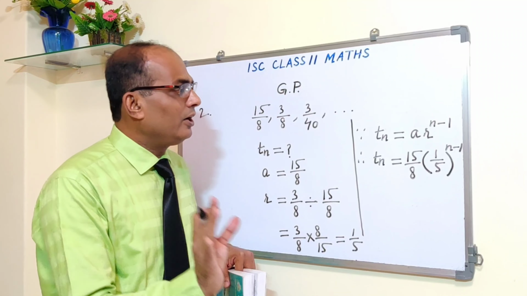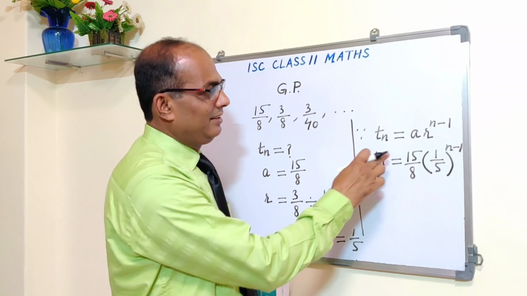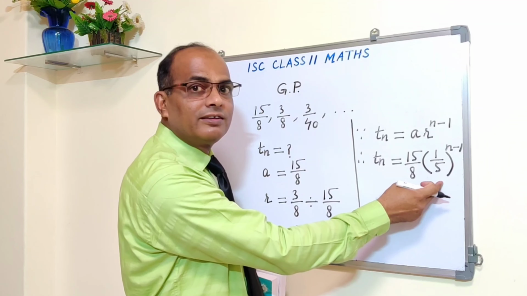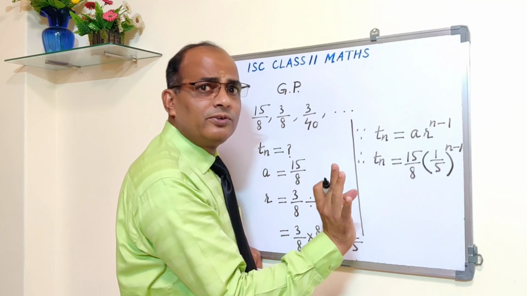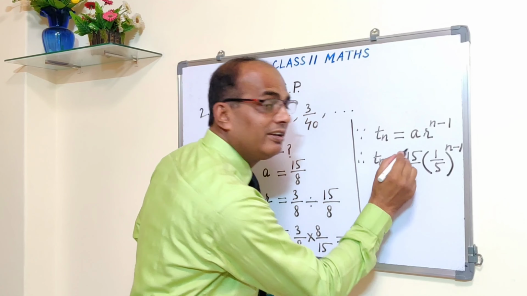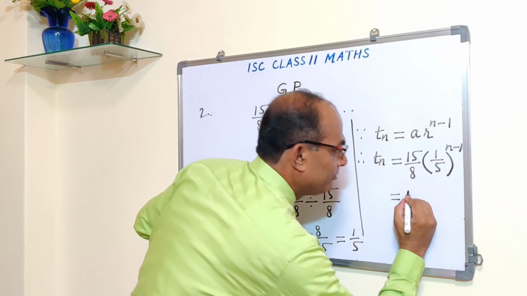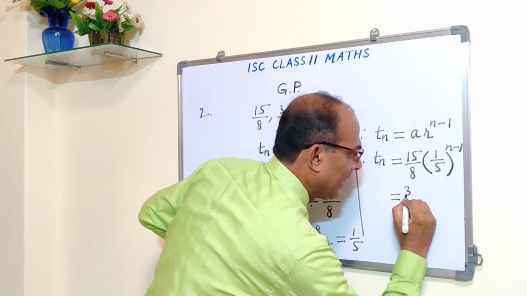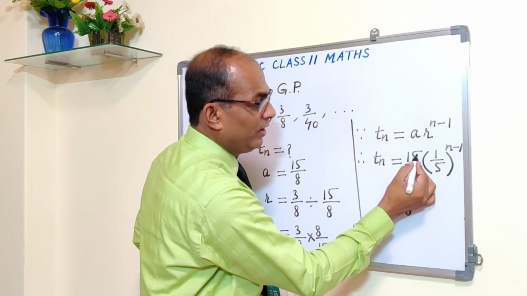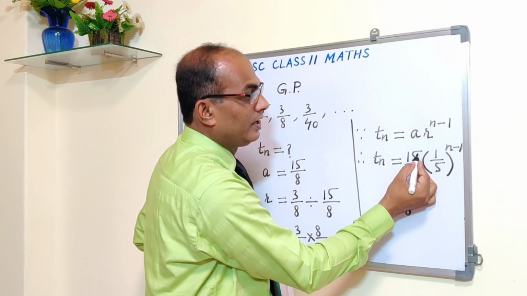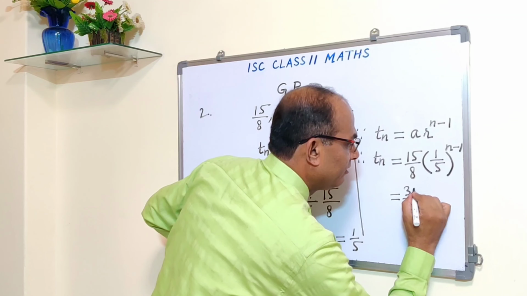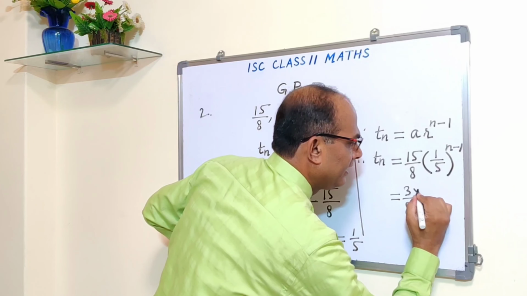Either you leave it here or you can do one thing. See here you are getting 1 upon 5. 3 5's are 15, so that 5 you can bring with this. Till here also it's okay, but I think we can write down one more step. We can write 15 as 3 into 5. So 3 upon 8, and this 5 is here, into 5.